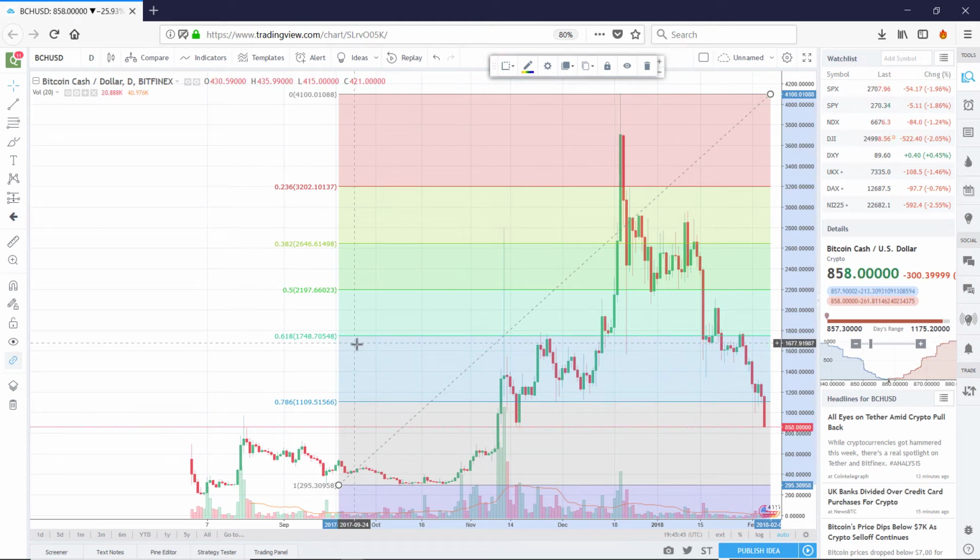So the typical one is 50%. So if this was the low point and then it moved all the way up here, the top of the wick there, then we'd expect that the 50% will be important.